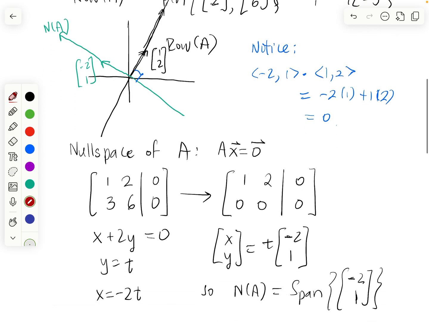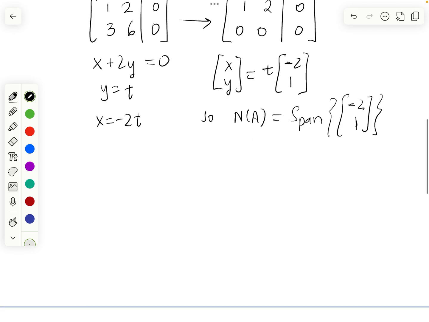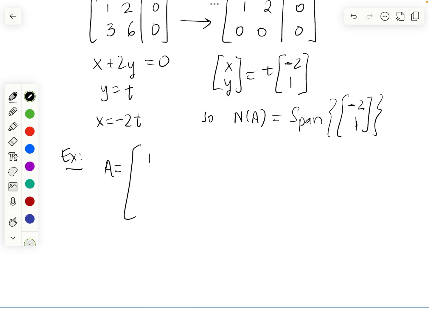Okay, let's look at a different example. So let's look at a 3 by 3 matrix. So let's say that A is this matrix. The first row is 1, 0, 0. The second row is 1, 1, 0. And then the third row is 2, 1, 0.